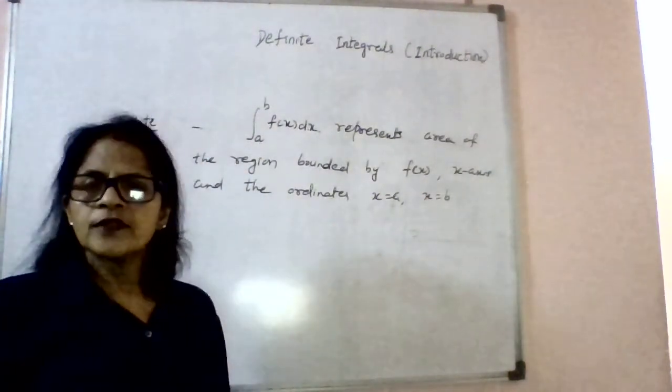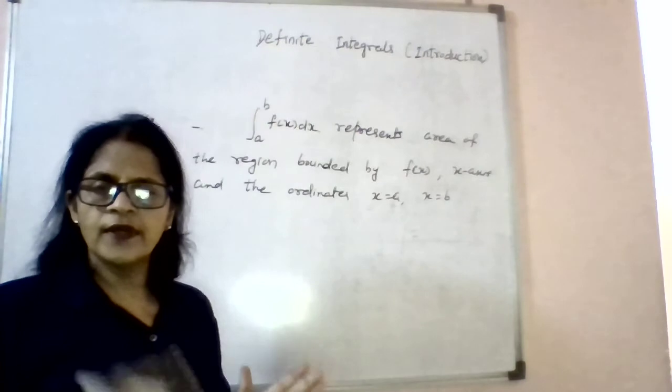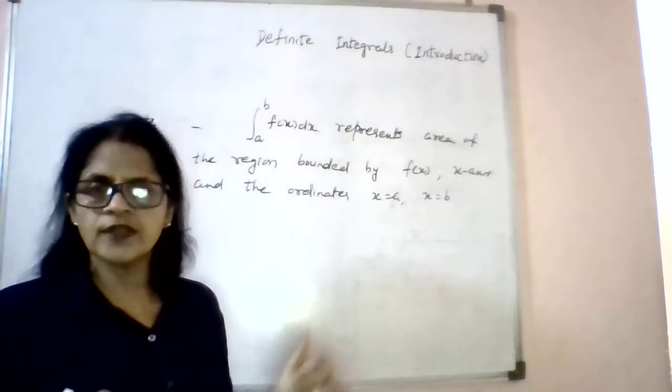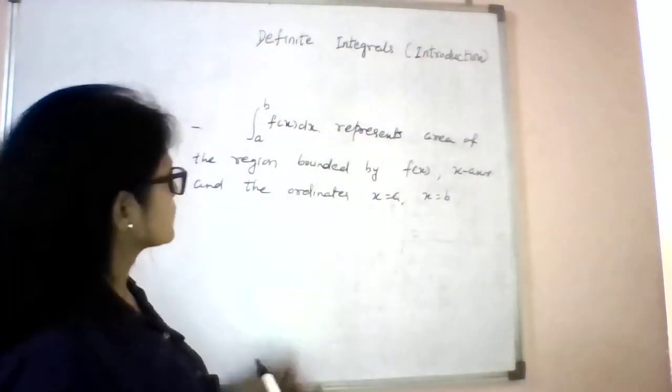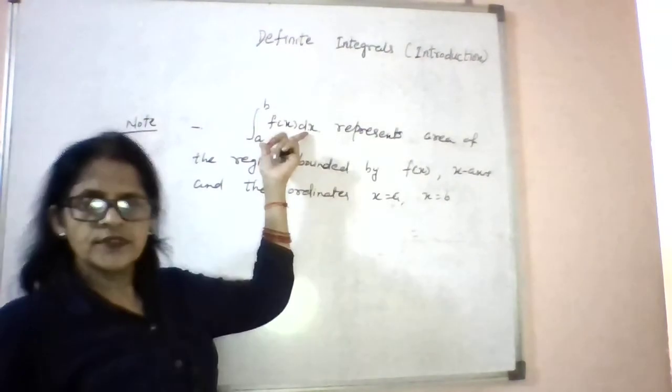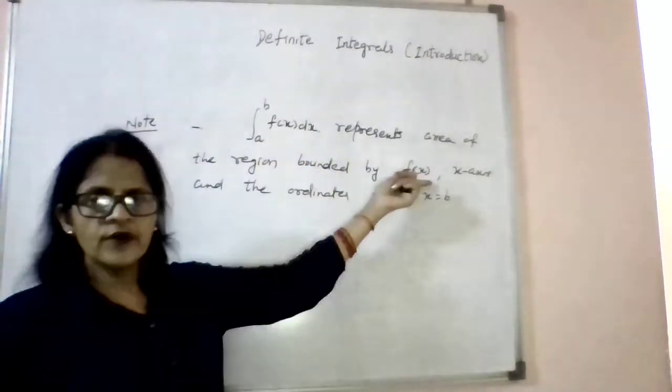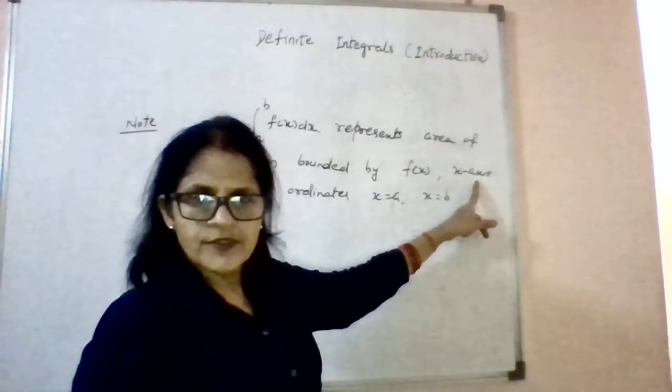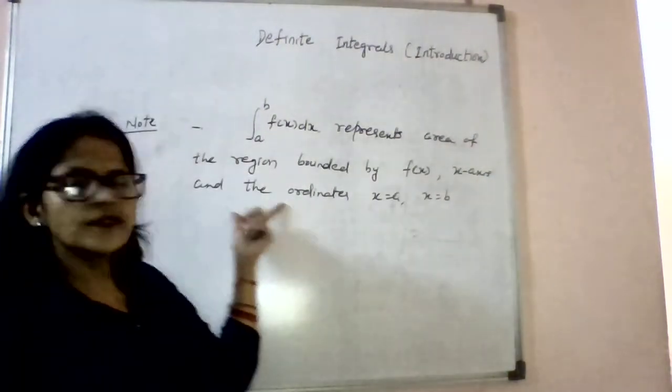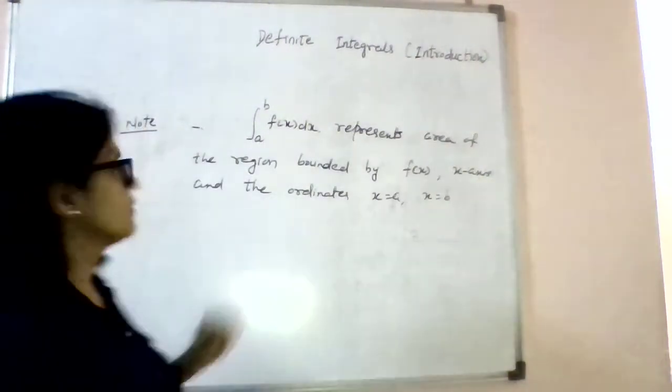It means the ordinates x equal to a, x equal to b, x-axis and the curve. So this represents the area of the region bounded by the curve, x-axis, then the ordinates x equal to a, x equal to b.